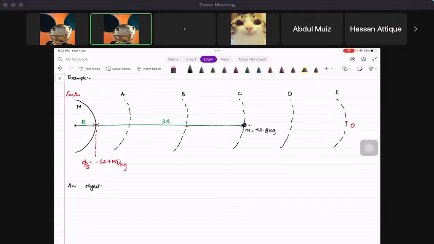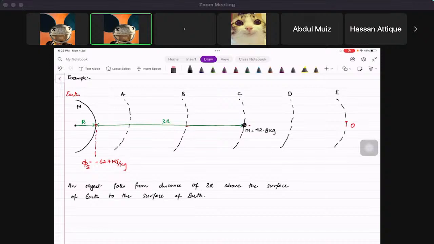And now they say that an object falls from a distance of 3r above the surface of Earth to the surface of Earth.